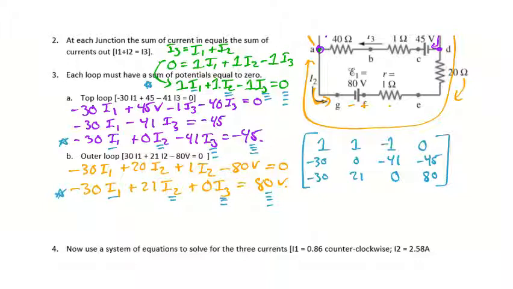So now you're going to hit second mode to go back to the home screen. Now we're going to use this matrix to solve our system of equations. The way we're going to do that is you're going to hit second matrix again.